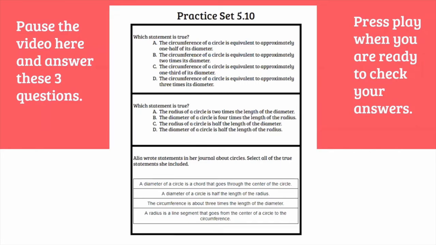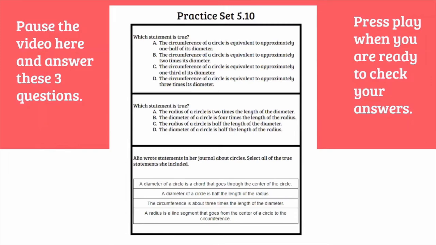B, the circumference of a circle is equivalent to approximately 2 times its diameter. C, the circumference of a circle is equivalent to approximately 1/3 of its diameter. D, the circumference of a circle is equivalent to approximately 3 times its diameter.